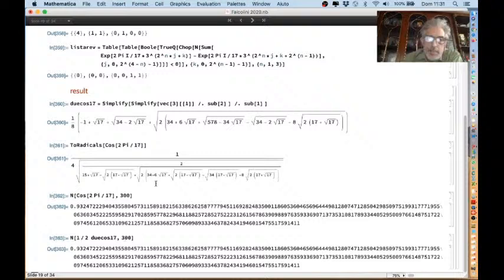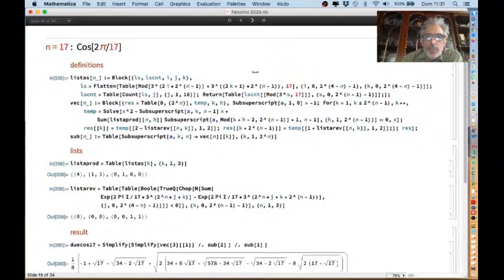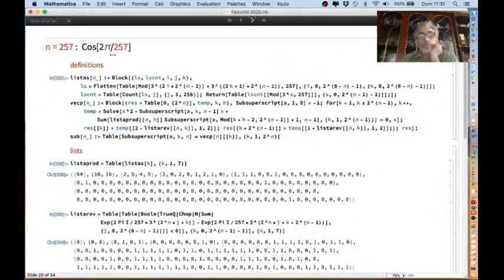Okay, so we have found a way to produce the representation in terms of square roots for the polygon with 5 and 17 sides. But why not use it also for 257, like Gottlieb suggested in his article?